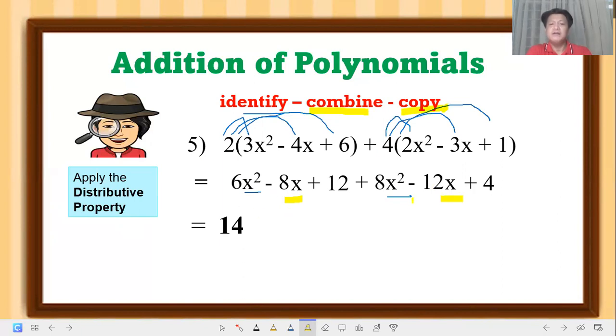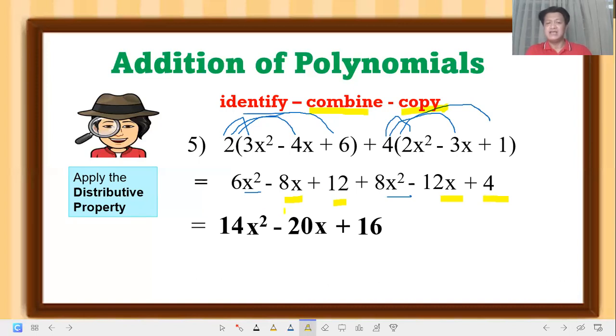Kaya negative 8 plus negative 12, that is negative 20. Okay, and you have to copy the literal coefficient, yung parehas nilang may x. And we also have 12 tsaka 4, both constant term. Kaya nga that is 16 pag inad natin. So meaning to say, yan na po yung final answer natin.